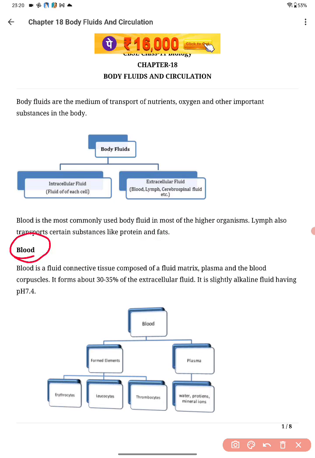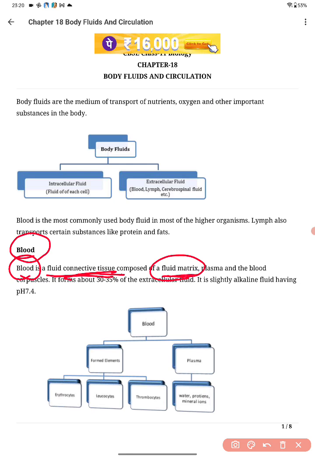Now let's talk about blood. Blood is the most important body fluid we know. It's a fluid connective tissue, as you have read in your chapters about connective tissue and the different types of tissues in our body. It is composed of a fluid matrix.